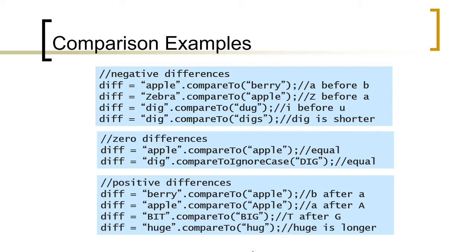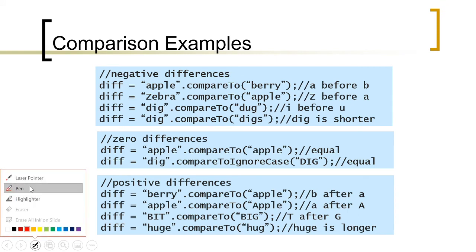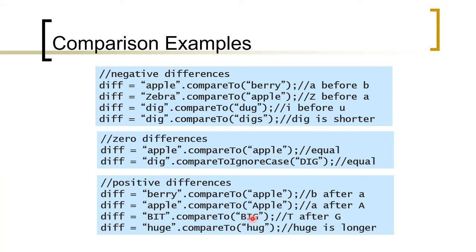And then positive difference, let's say "bit" compared to "big". It starts by comparing the first letter, which is B, which is the same, and then I, which is the same, and then moves to the third character. Since T is after G, that means it is a positive difference.